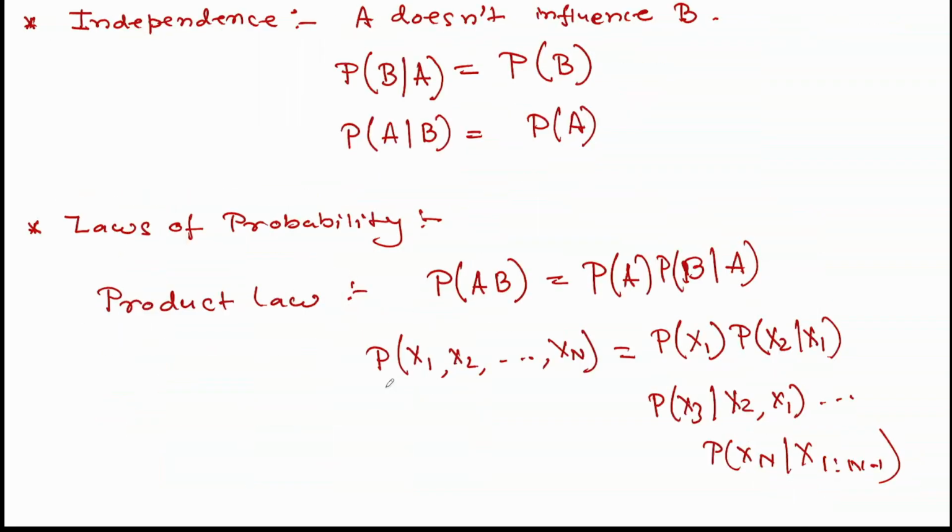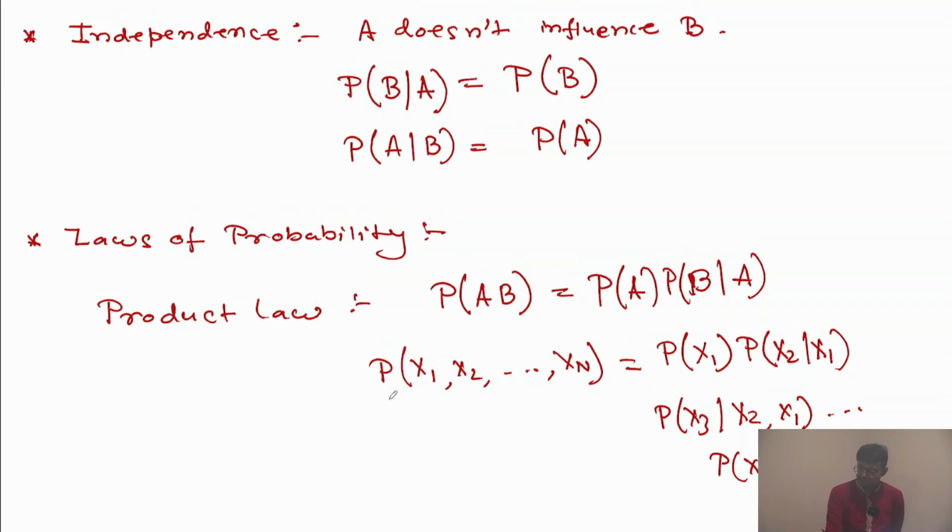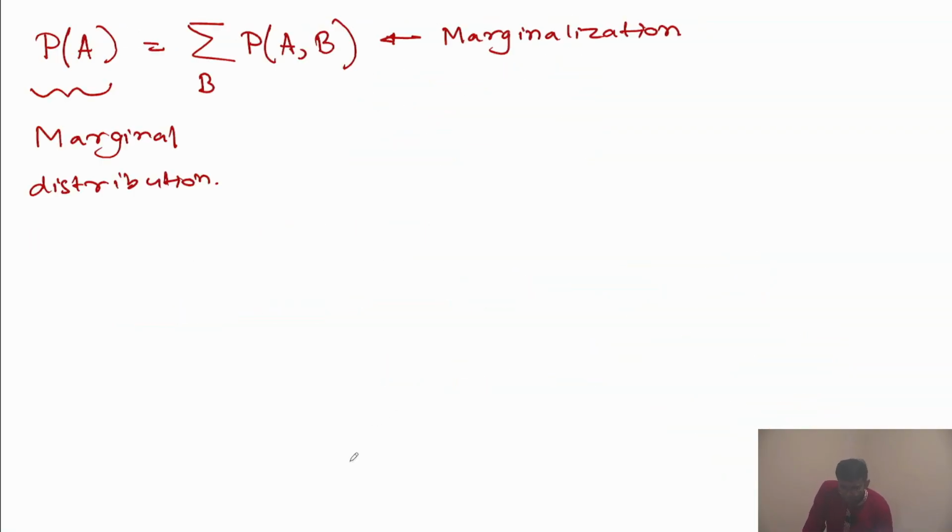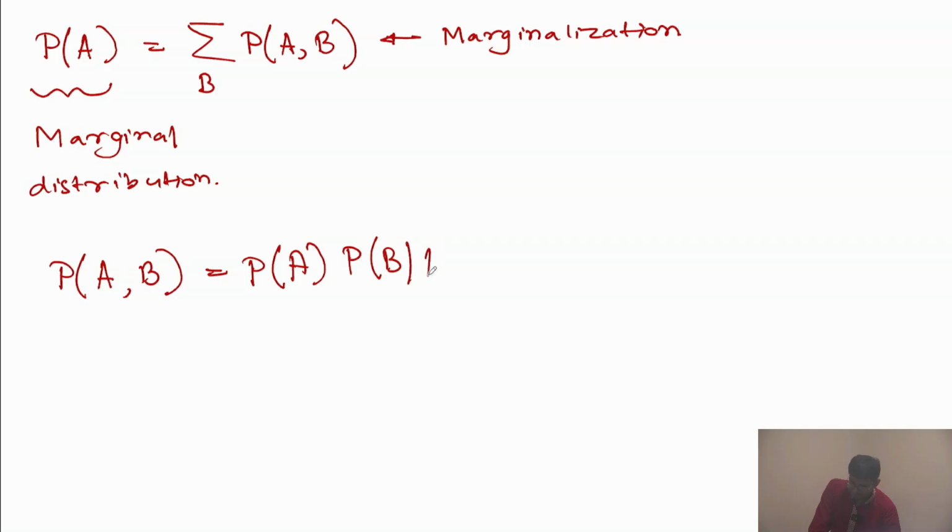So, let me explain. So, remember, this is the definition of independence, remember that. A given B is equal to A. With that definition in mind, probability of A, B, this is what I want to find out, is equal to probability of A, probability of B given A, and because they are independent, this will be equal to probability of B, and this is the well known formula everyone knows.